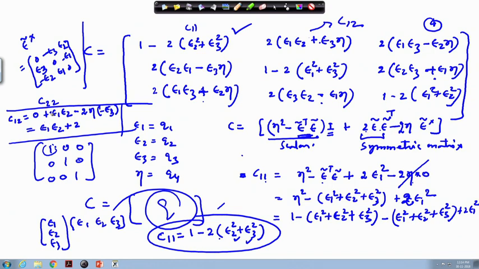So, we need to put a 2 here in this place, and then carry this part. So, this is 2 eta times epsilon 3. So, you can see that 2 we can take outside the bracket. So, this is 2 times epsilon 1 epsilon 2 plus eta times epsilon 3. So, this is what is written here. The same way you can expand and you can get this matrix.